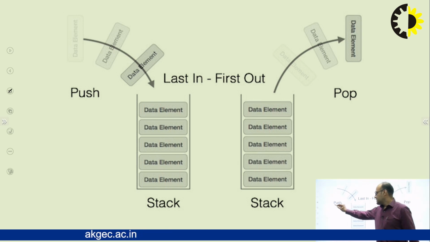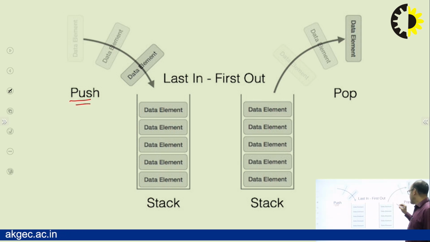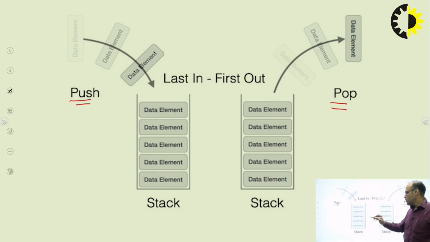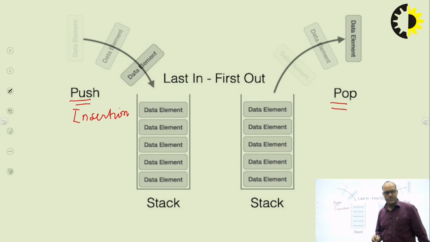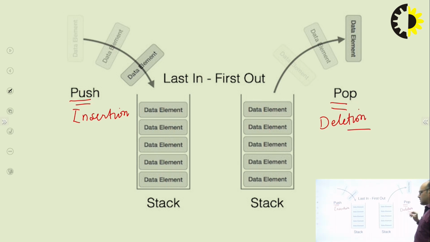In a stack, the two important operations we consider are push and pop. The insertion operation is called a push operation, and the deletion operation is called a pop operation. When elements are inserted, there is only one end, and when we delete, it is the same end.